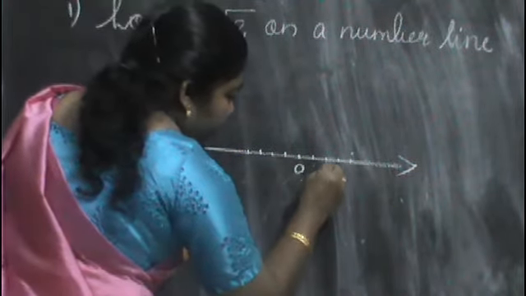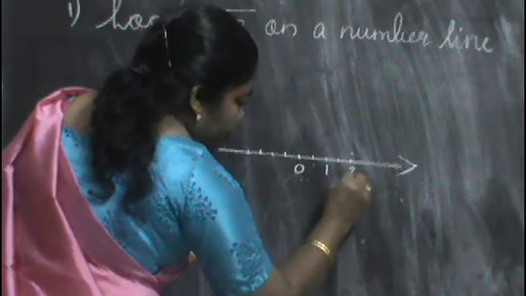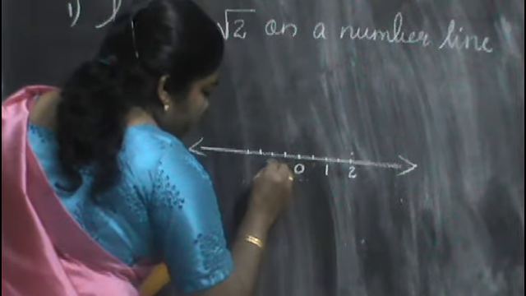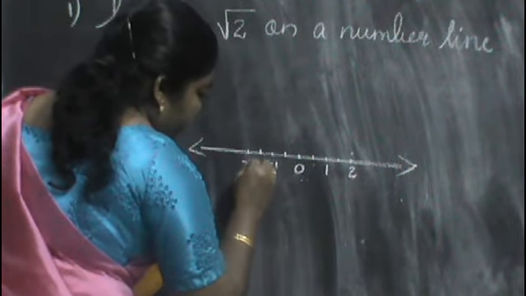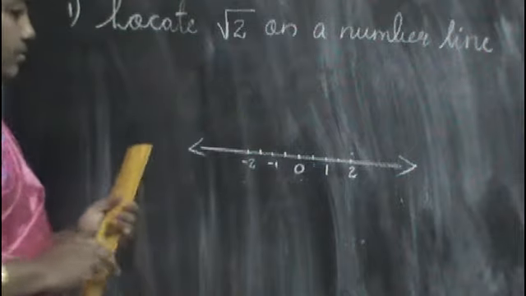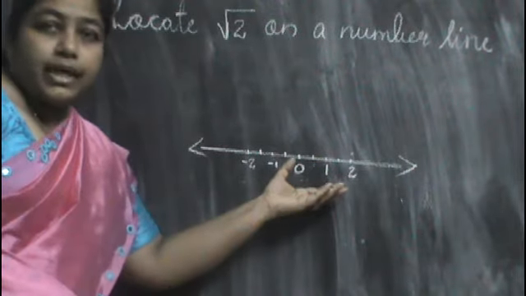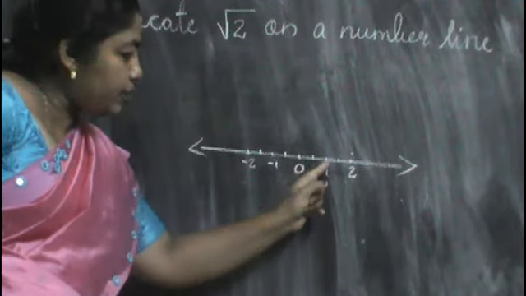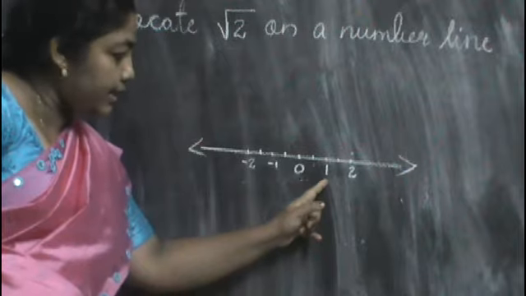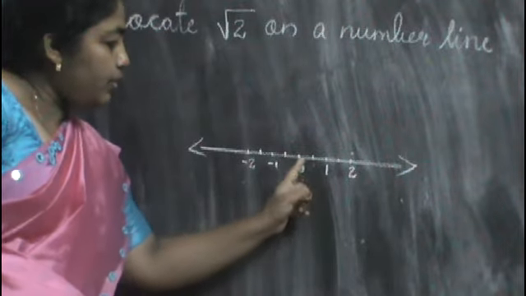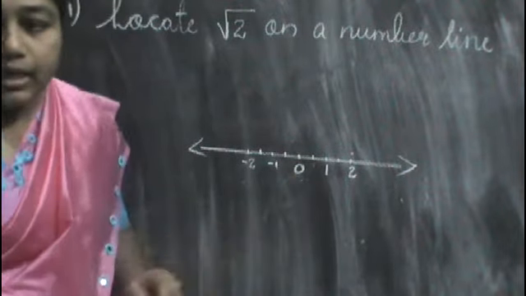Then here I take 1, here 2, here -1, here -2. You can also take 2 centimeters as 1 unit like that. Otherwise you can take only 1 centimeter here.